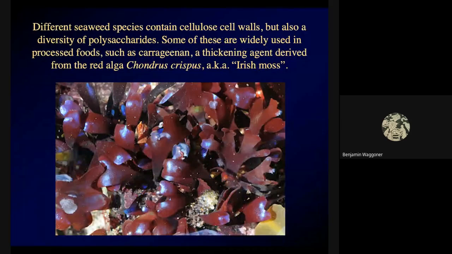Seaweed species, like land plants, have cell walls, but they may contain a diverse number of other polysaccharides. One of them is called carrageenan, and you can find carrageenan a lot in processed foods because it's a thickening agent. There's several different polysaccharides that are used in food to provide thickness.